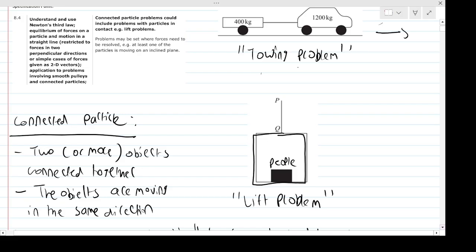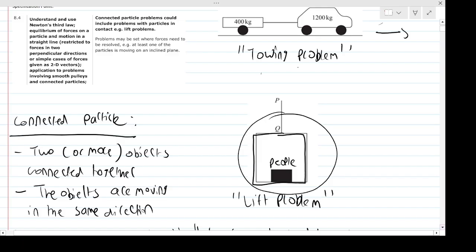With this second type of problem we'll be considering Newton's third law. We'll look at the various forces that occur in this problem with the lift and the people inside, and how we can use Newton's third law to study those forces.